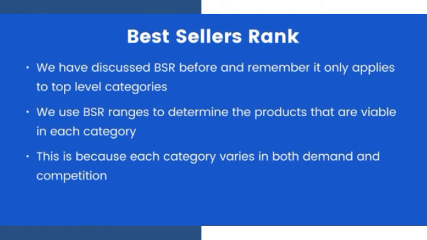Okay. Now, guys, we've talked about bestseller rank, and let me talk in a little more detail about it. So we have discussed BSR before, and remember, it only applies to the top level categories. We use BSR ranges to determine the products that are viable in each category. Okay, so this is because each category varies in both demand and competition.